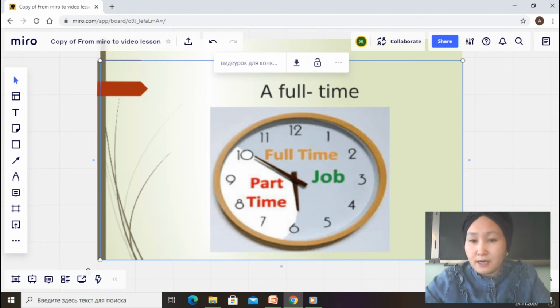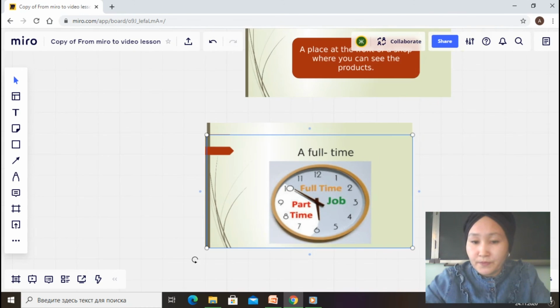Working hours last from 4 to 8 hours, but 4 working hours is a part-time job and 8 hours are full-time. Children in Kazakhstan under the age of 14 are allowed to work a part-time job.